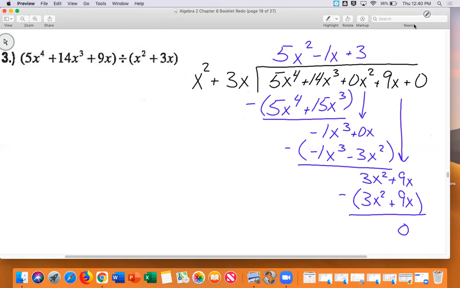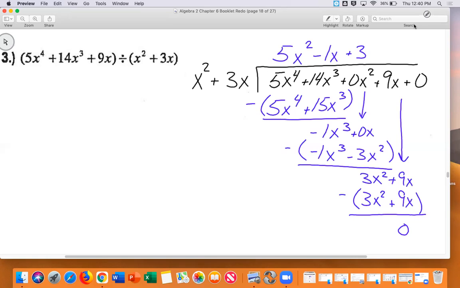So 405 minus 378 is 27. Then we have 9 times -3, which is going to be -27. 27 minus 27 is 0.